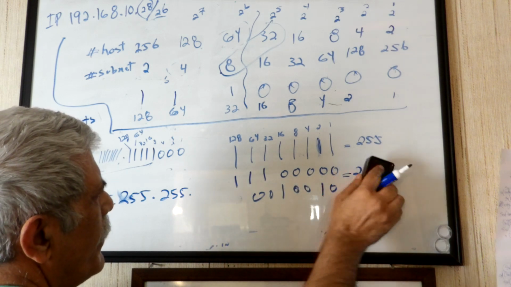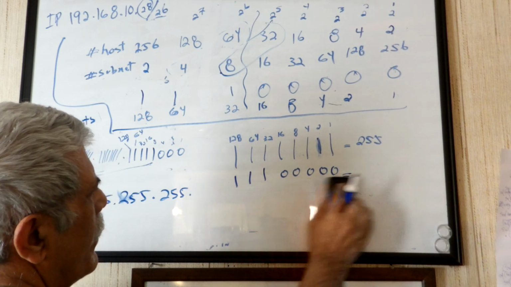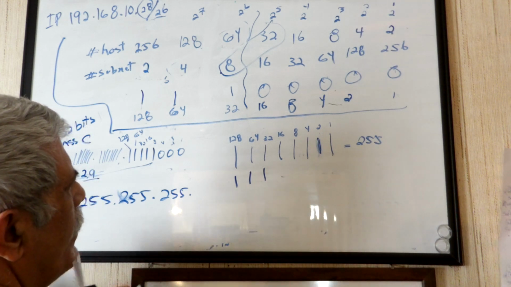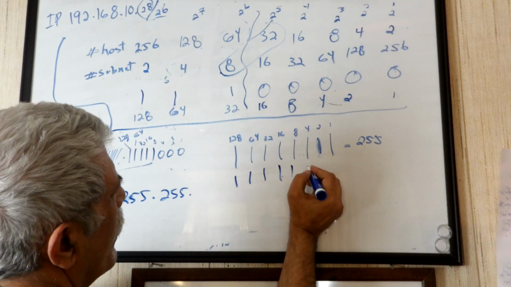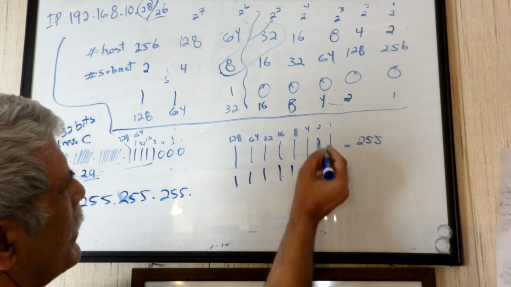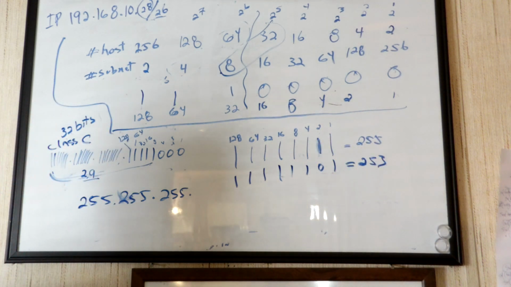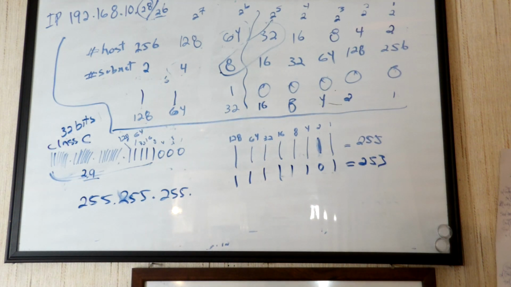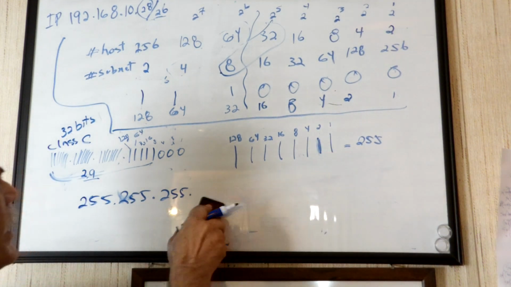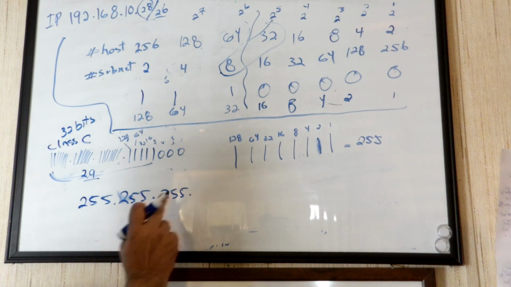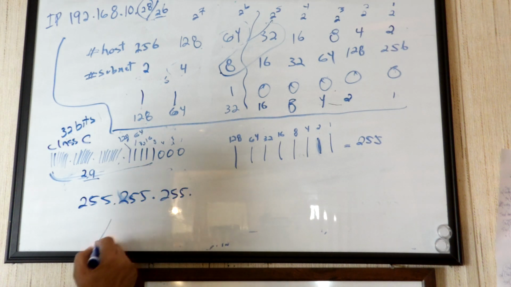Here, if we have one fewer, what is going to be? It's going to be deduct, 254 or 253. Just to remind you, whenever they tell you /25, what does that mean? It means 25 ones.